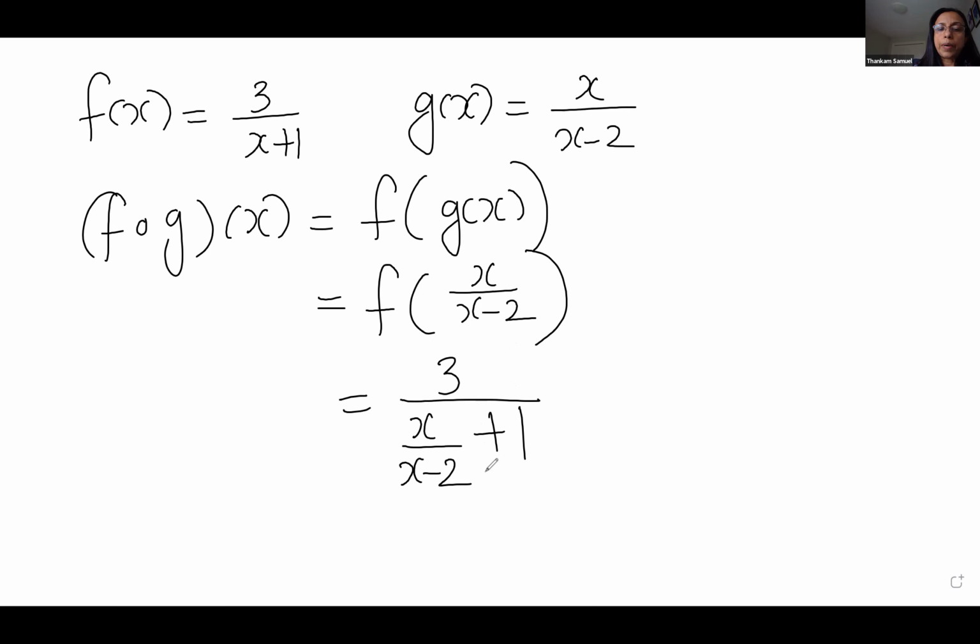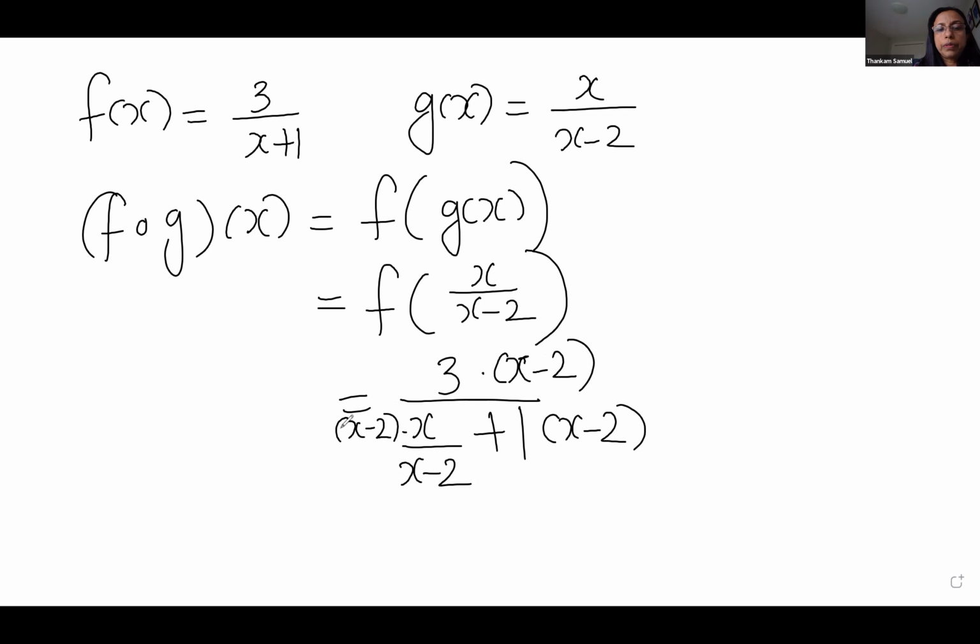That's the lowest common denominator. In this case, you can see that x minus 2 is the LCD. So multiply each of the terms in the numerator and the denominator by x minus 2.